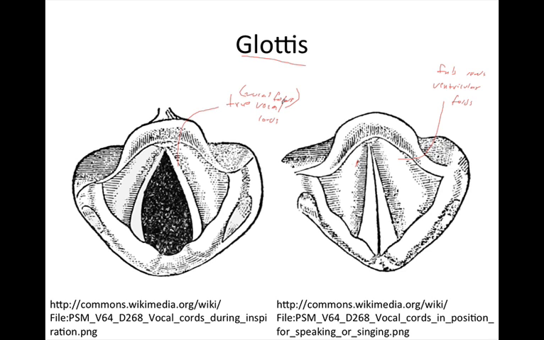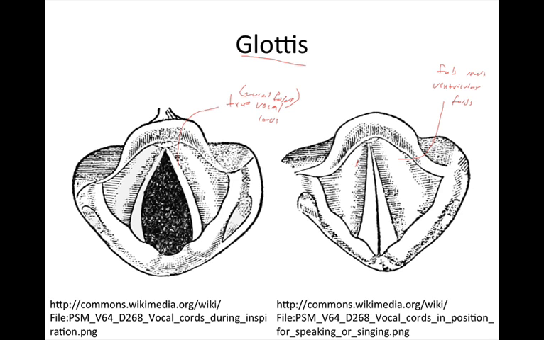As you can see here, the glottis can open and close. There are various muscles that we can contract to yank on various cartilage, basically on the posterior aspect of the glottis here.